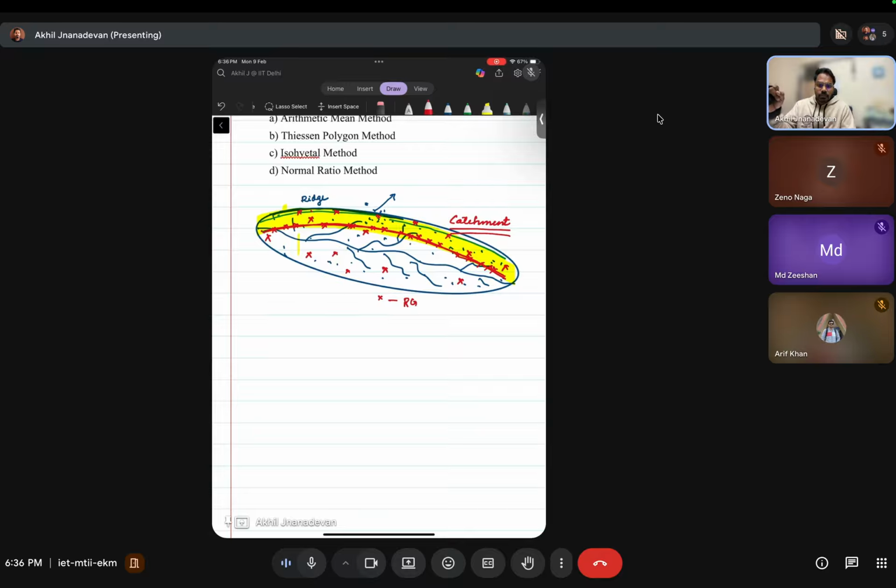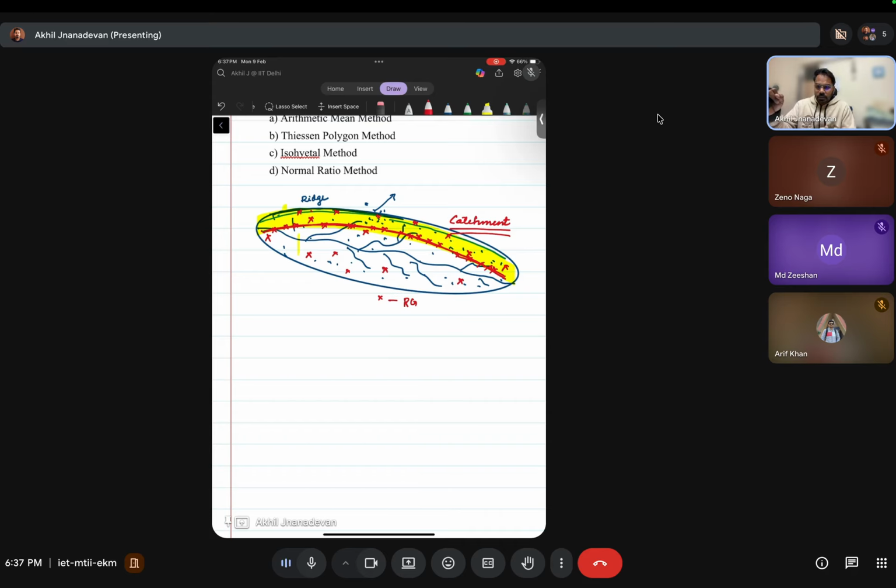So this particular method is not suitable for that, right? It is not seeing where the rain gauge falls, so it is independent of that. That's why this arithmetic average method will be reporting a very low value of rainfall if rain gauges are more in the shadow region. That won't be correct, right?